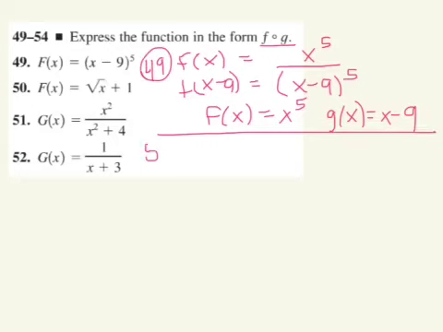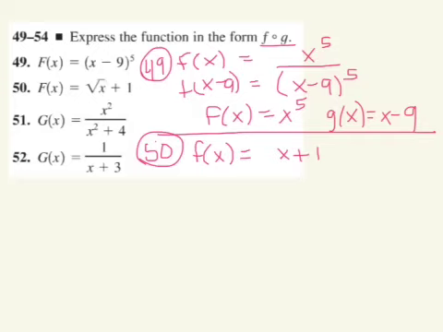If we look at problem number 50, they give us what the composition is, and we have the final result. So our original function, f of x, could be x plus 1.